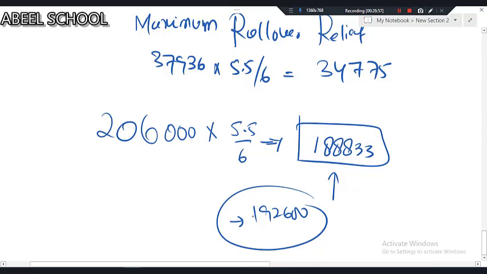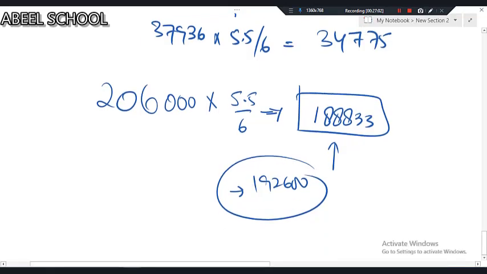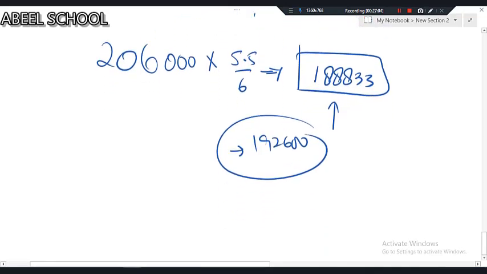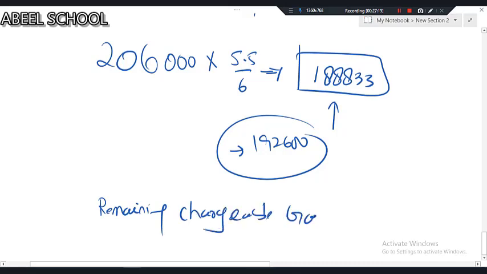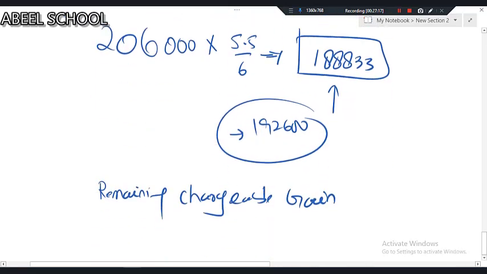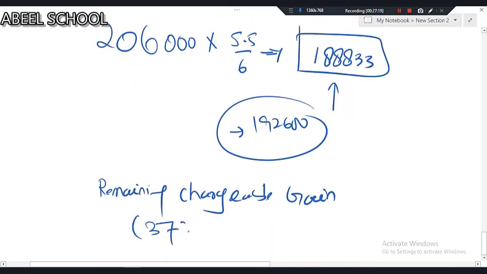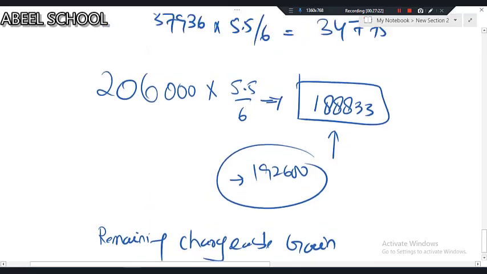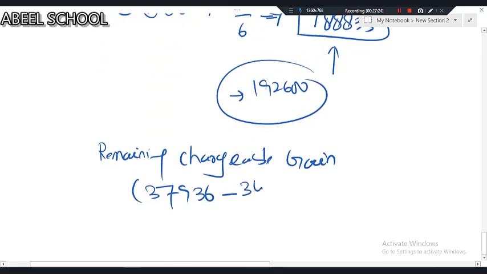So it means that the entire 34,775 will be available as rollover relief out of 37,936, which means that the remaining chargeable gain will be how much? 37,936 minus the relief, which is 34,775. 37,936 minus 34,775.